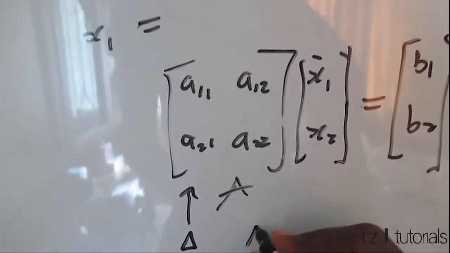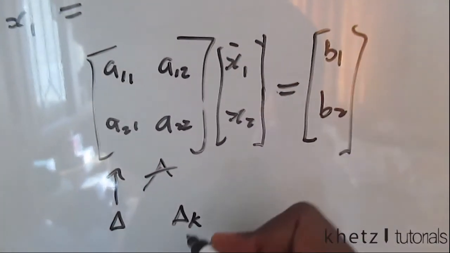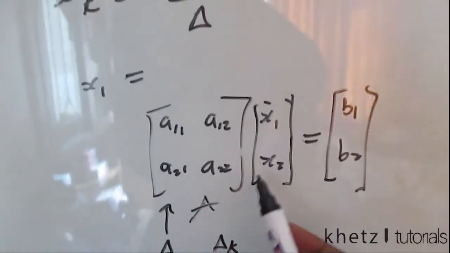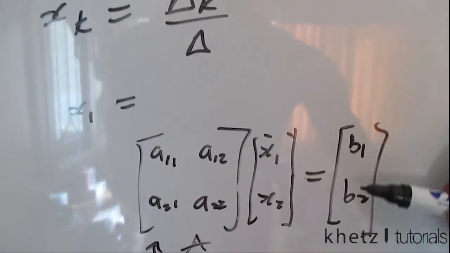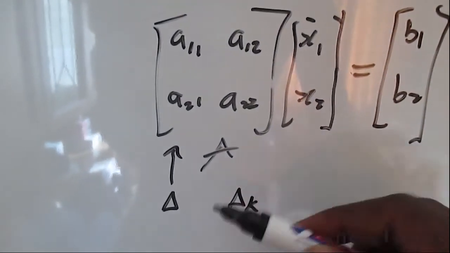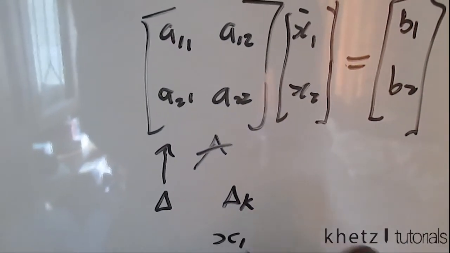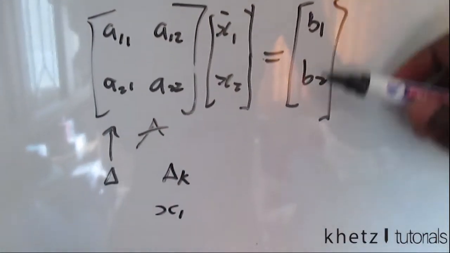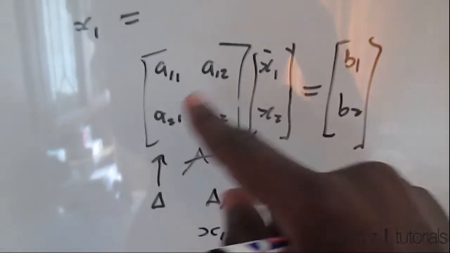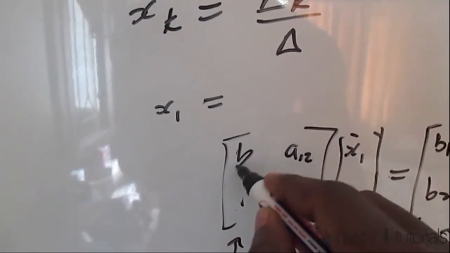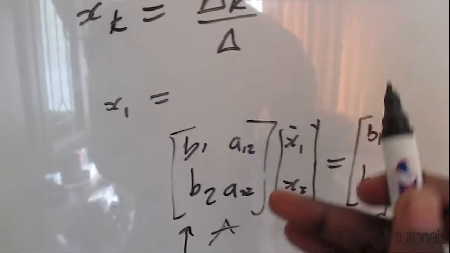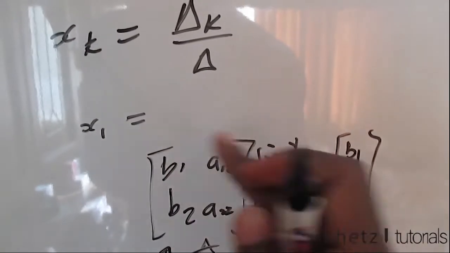To find delta, you find the determinant of this matrix, which is the A matrix. To find delta k, which is delta 1 up to delta 2 for a 2x2 matrix, you move this B matrix to whatever k column. So if you want to find x1, you move the B matrix to column 1, right? So you move this here, b1, b2, and then you find the determinant of this particular matrix.